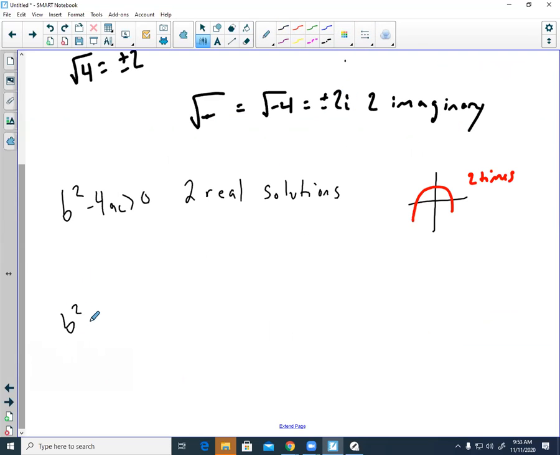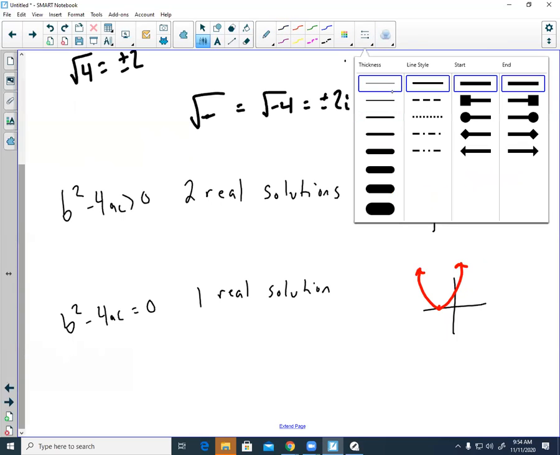If b squared minus 4ac is equal to 0, I'm going to have one real solution, which means my graph is going to touch the x-axis one time, which means that the vertex is going to be on the x-axis. It doesn't matter where it's located, but it's going to look like that.